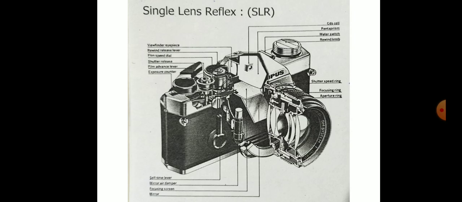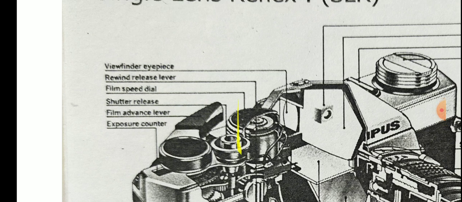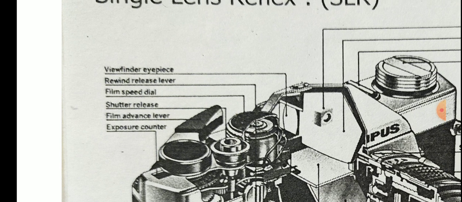Then we will be understanding what a single lens reflex is, that is, the SLR camera's anatomy, again with a few details. On the left-hand side over here, the viewfinder eyepiece is there, and the rewind release lever is there.